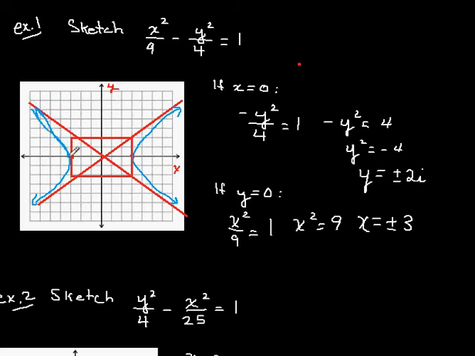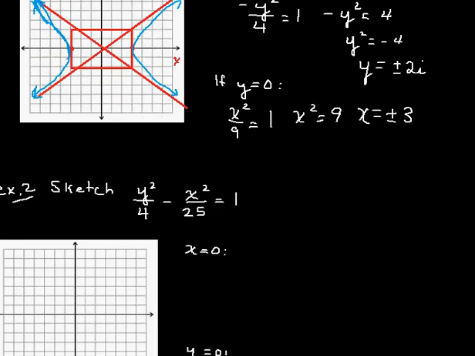So this is the hyperbola with the foci on the x-axis. You just have to figure out the y so that you can come up with your little rectangle to make your asymptotes to graph your hyperbola. So the hyperbola is actually just the blue lines. The rest is just your setup.